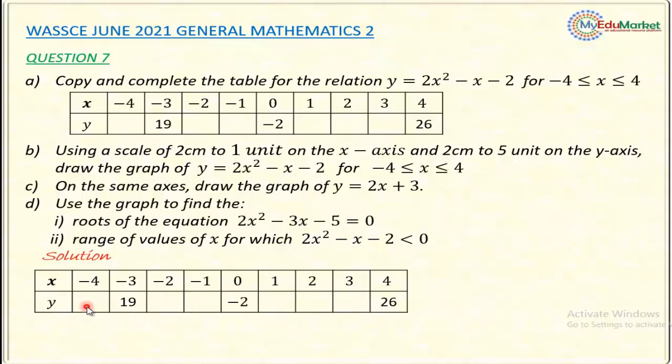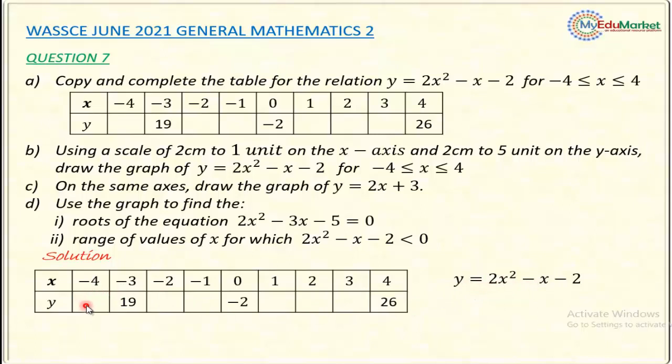In doing that, I'll copy the equation, y equals 2x squared minus x minus 2. So it is the corresponding value of x. I'll keep substituting in that very relation to find the corresponding value of y. So copying that equation, y equals 2x squared minus x minus 2. This is the relation between x and y.